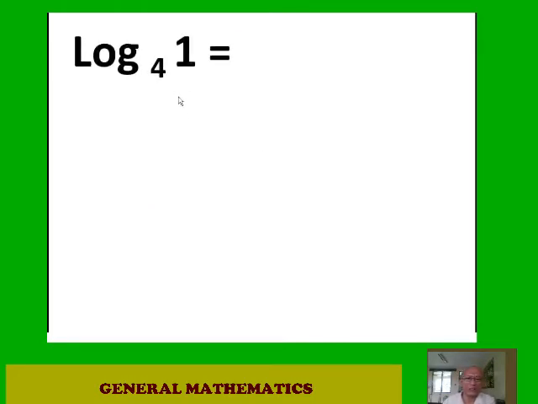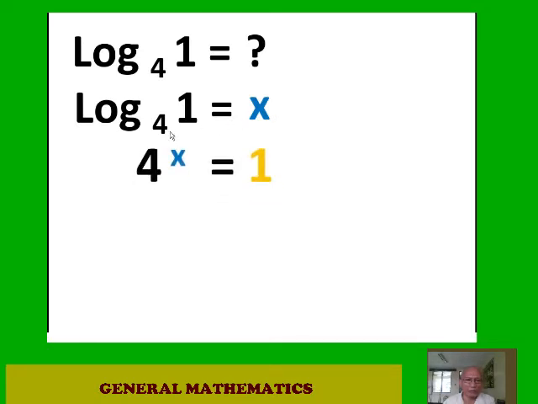What is the value of log 1 base 4? So again, let us assign a variable x as the value of log 1 base 4, then change this into exponential form. So 4 to the power of x equals 1. 1 can be equal to any number or any expression raised to the 0.